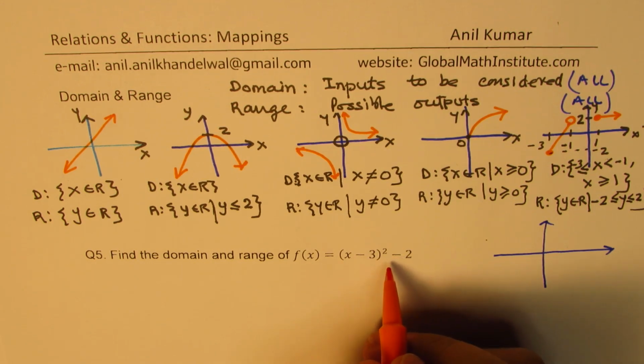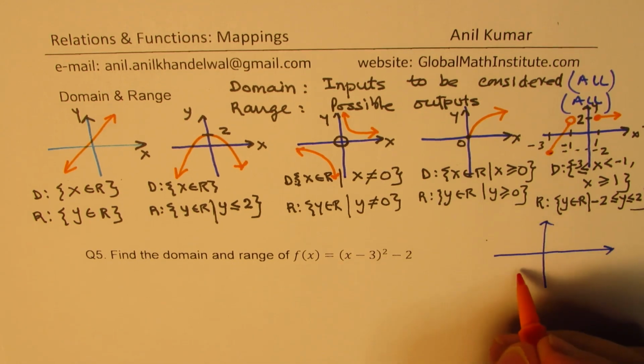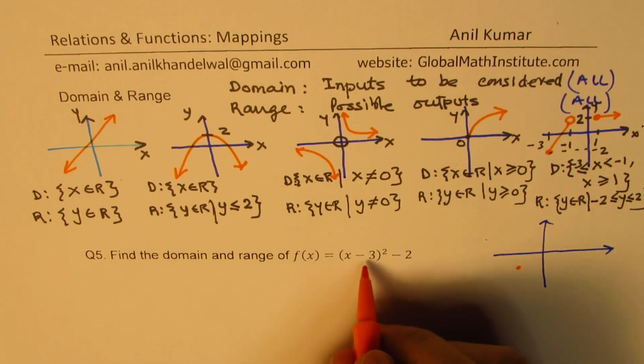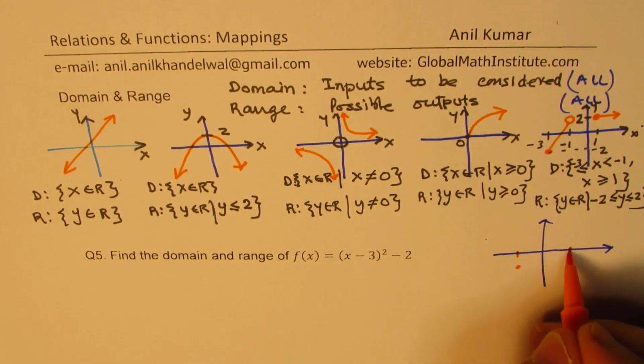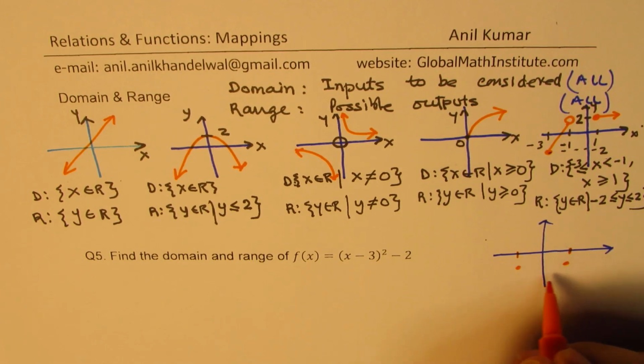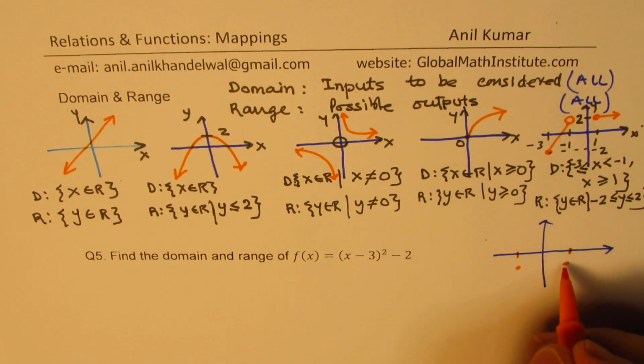So its value here at 3 is minus 2. So this is the point 3, minus 2.